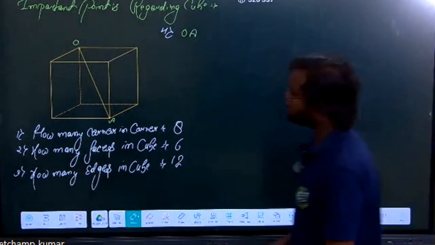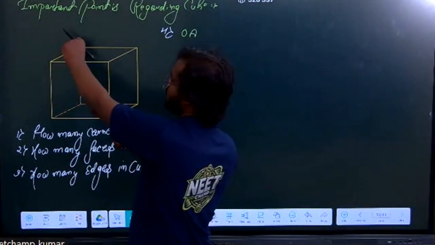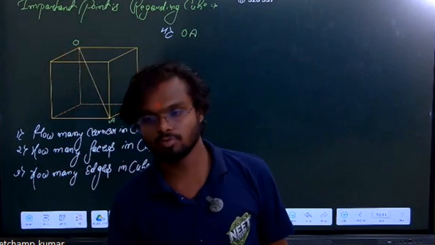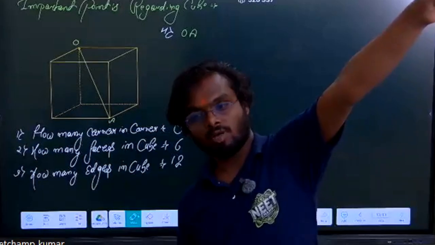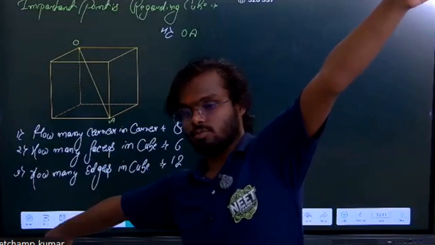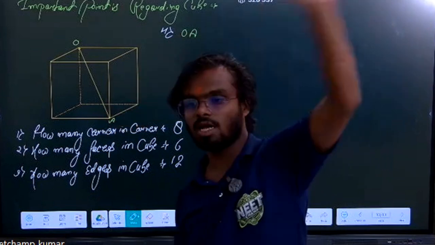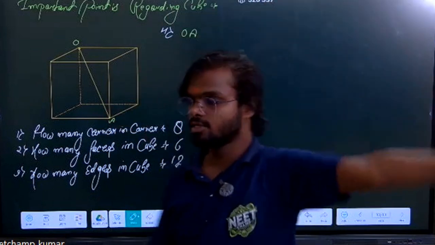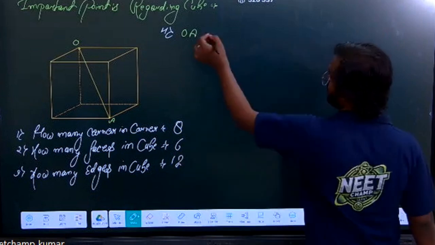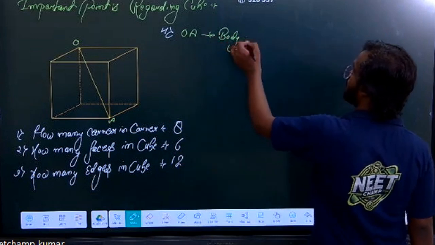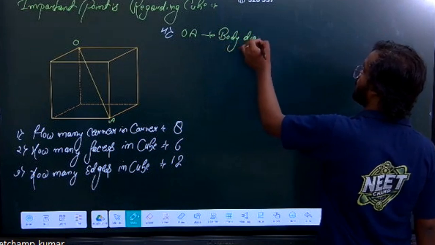OA is touching two opposite corners, right? It goes from one corner of the room to another corner. So this is called a body diagonal.